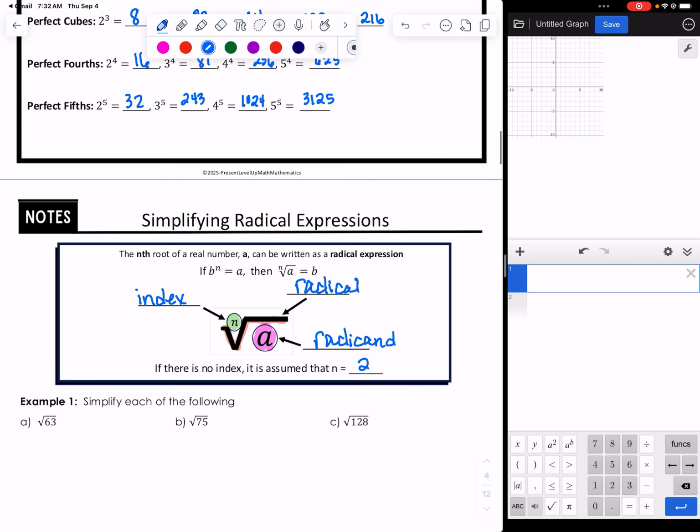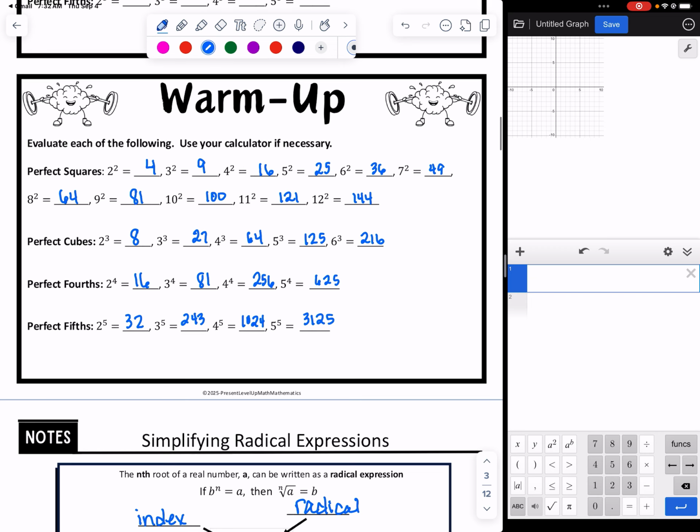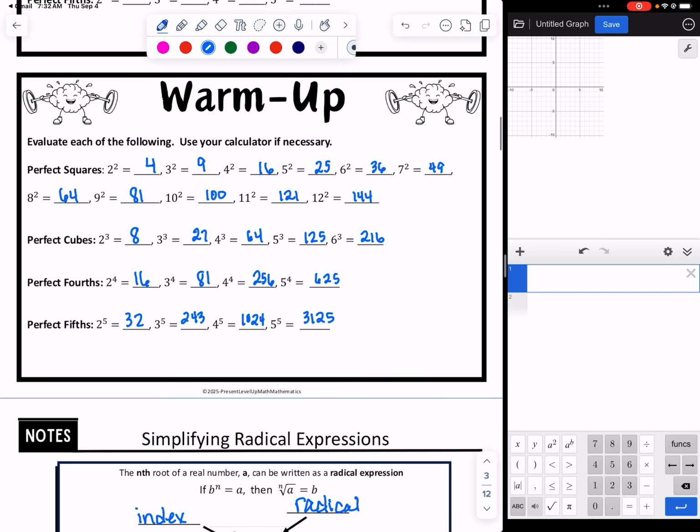Now, I'm going to be relying on this chart of perfect squares, perfect cubes, perfect fourths, and perfect fifths. But if you're simplifying square roots, then you want to be looking at all the perfect squares. The first thing I notice is that 63 is not in the list of my perfect squares.